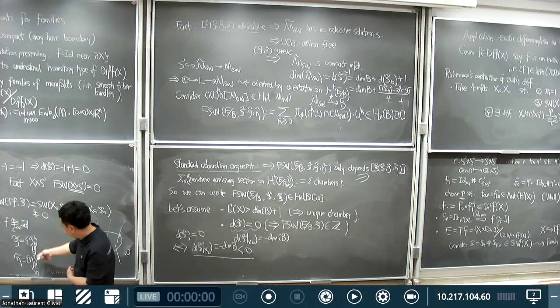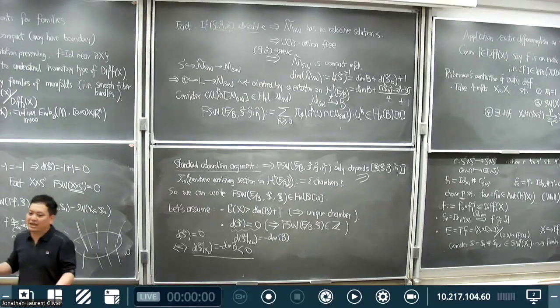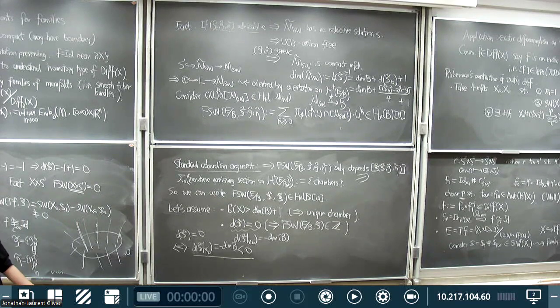Then if we take the generic g and generic beta, the whole family moduli space would just be empty for the trivial bundle. So you can say this as one.